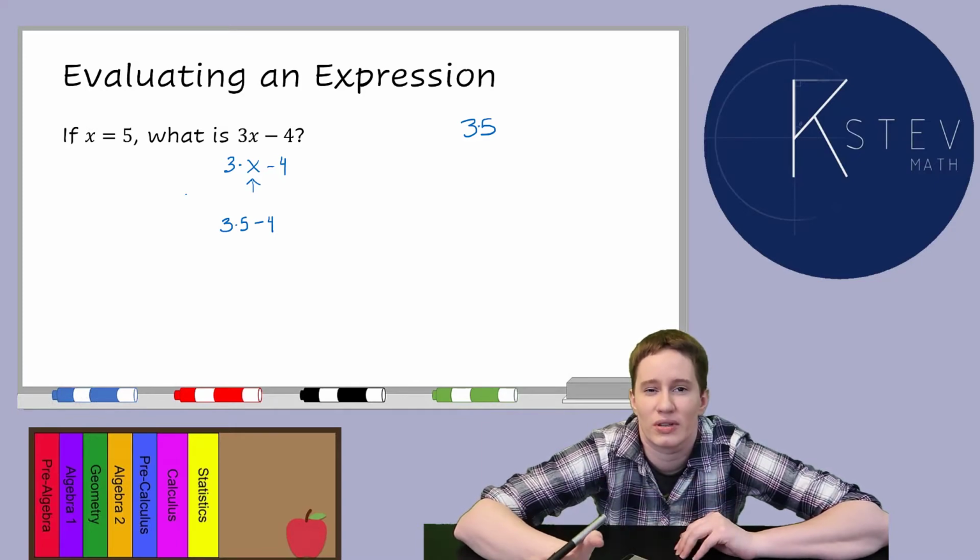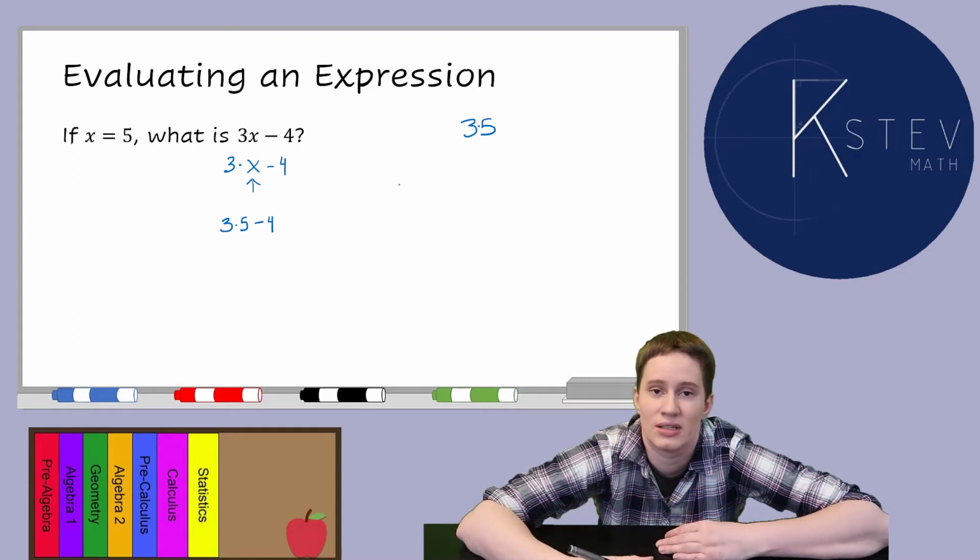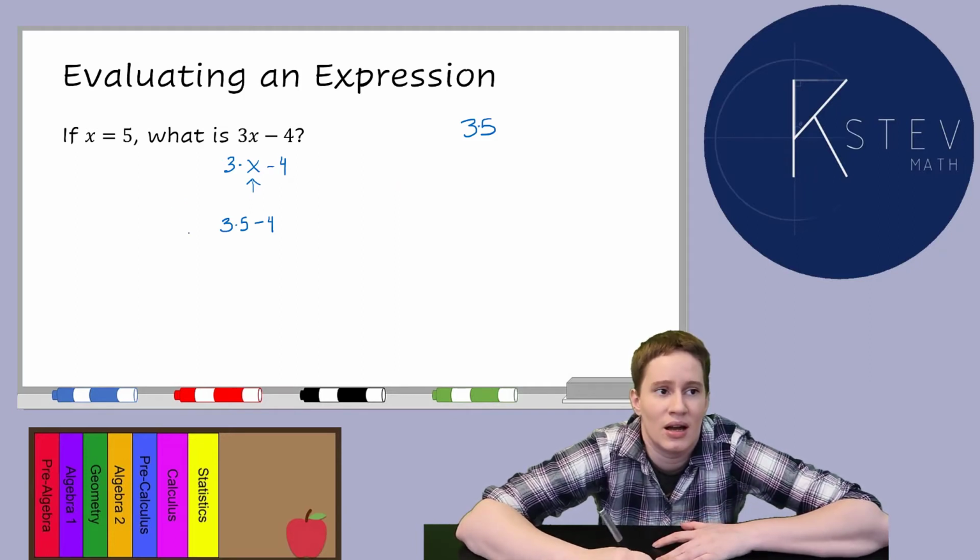And then the -4 is kind of tacked on the end. So I always do the things that are stuck together with multiplication or division first, and then I add or subtract whatever it might be to the side. It may be a little bit more complicated than that, but that's initially something that we can use to help us. So 3 times 5 is 15.